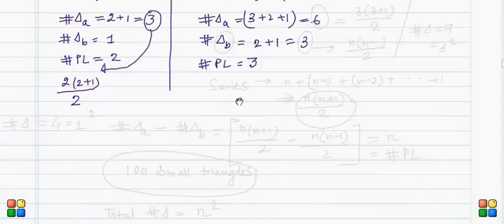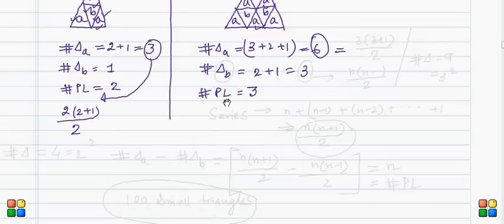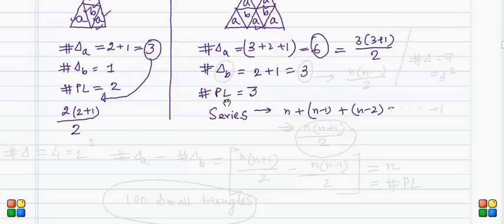In this case, number 6 is again 3 into 3 plus 1 by 2. If you have a series of n plus n minus 1 plus n minus 2 plus up to 1, the sum is given by n into n plus 1 by 2. That's precisely what we're getting in this case.